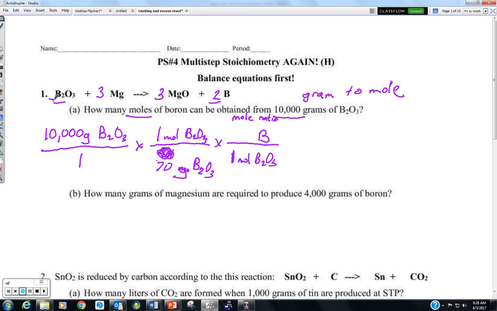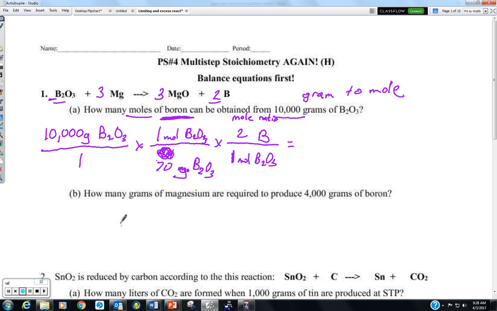That comes from the fact that I have a coefficient of 1 there, to 2 moles of boron, because my question is asking for boron right here. How many moles of boron? All right. So you should be able to solve for that one.